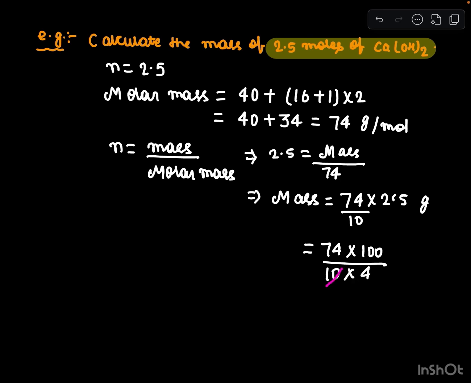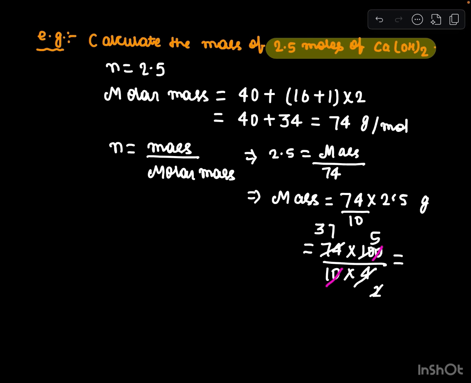Let's do the exact calculation: 37 into 5, which is 185.